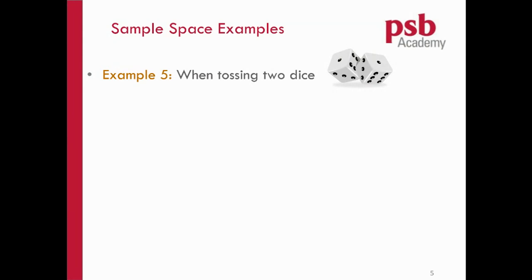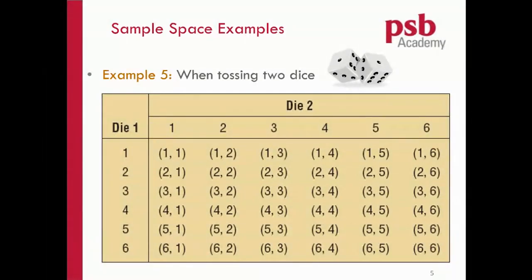So now we look at something more complicated. Now you're going to toss 2 dice, 1 and 2. So you toss 2 dice. If this one is showing 1, this one can be showing 1, 2, 3, 4, 5, 6, right? Then if this one is showing 3, the second one can show 1 or 2 or 3 or 4 or 5 or 6 also. So you end up with a table that looks like this, right? So die number 1, if the first number is 1, what can the second die show you?